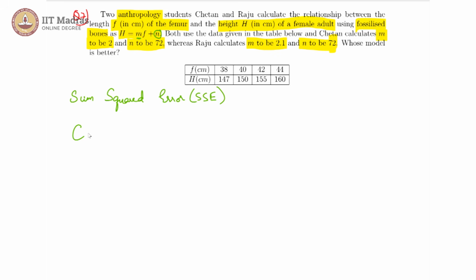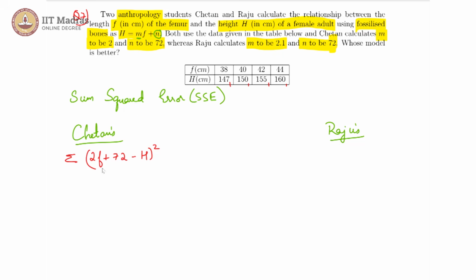Let's look at Chetan's case here and Raju's case here. In terms of Chetan's case, we would have the h is mf plus n, where m is 2. So we have 2f plus 72 minus the actual h, the whole square, and we sum it over how many items? 1, 2, 3, 4.